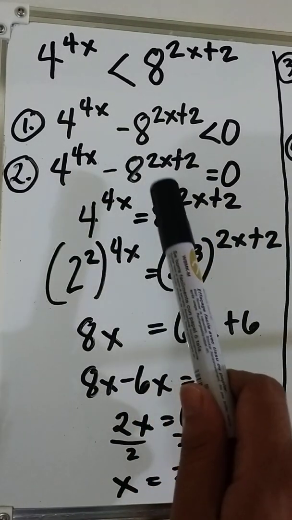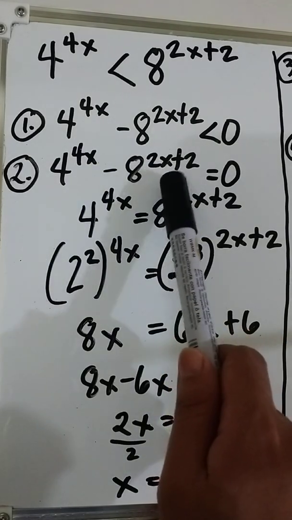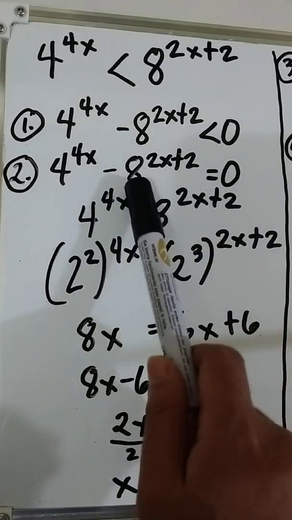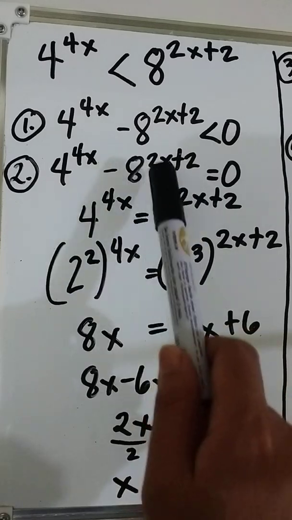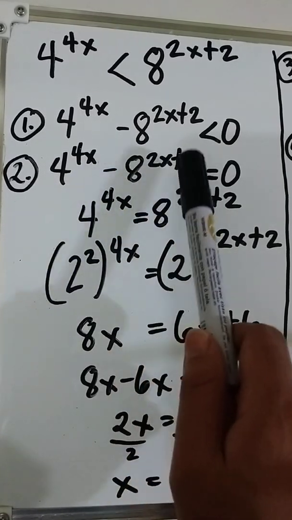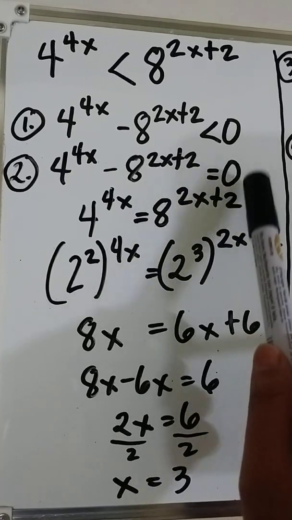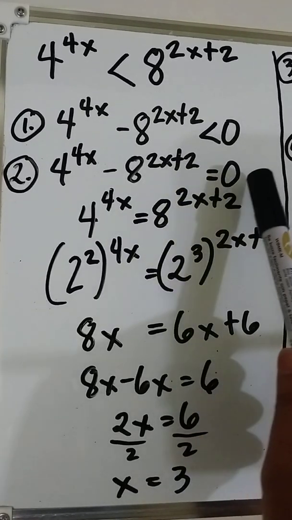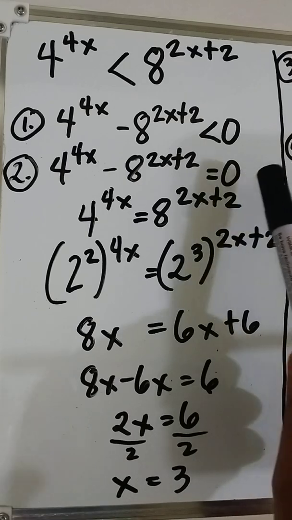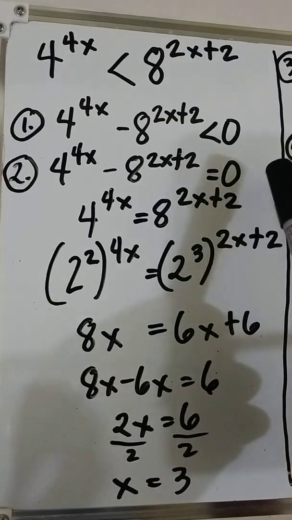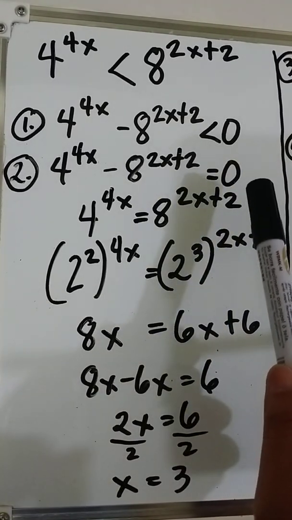To solve this, you have to put this expression, specifically negative 8 raised to 2x plus 2, to the other side of the equation, because in this form we have the exponential equation. That's why we will apply the rule for exponential equations.